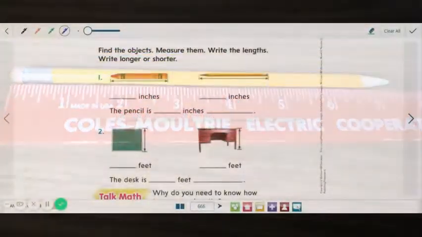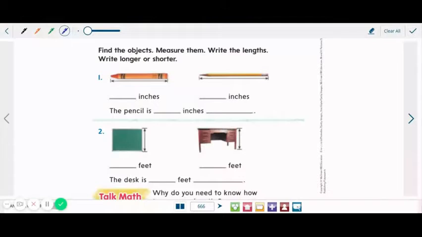All right, so coming back, we said that our crayon is 3 inches long, and our pencil is 7 inches long. So we're going to compare the two tools. We're going to put the biggest one on top, which is the pencil. The pencil was 7 inches, and the crayon was 3 inches.